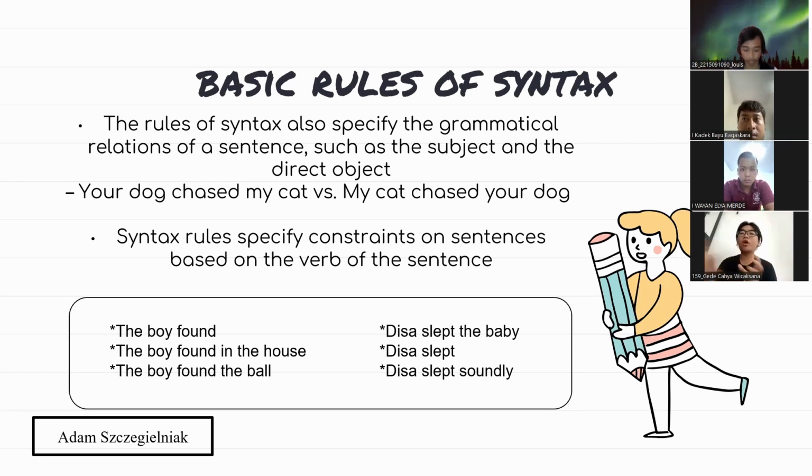The boy found the ball, the object found by the subject. The next question is, what is the boy doing? The boy found the ball. That specifies the grammatical role of the verb in the sentence. Then, what did the boy find? The boy found the ball. In this scenario, syntax specifies the object of the sentence, that is the ball. Next one.